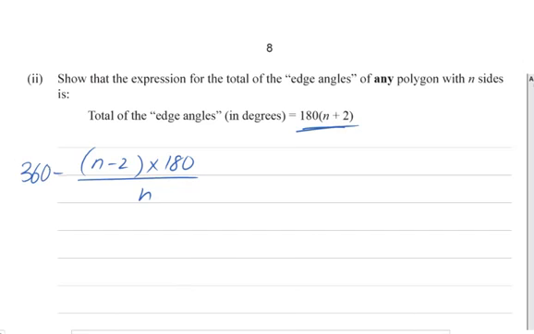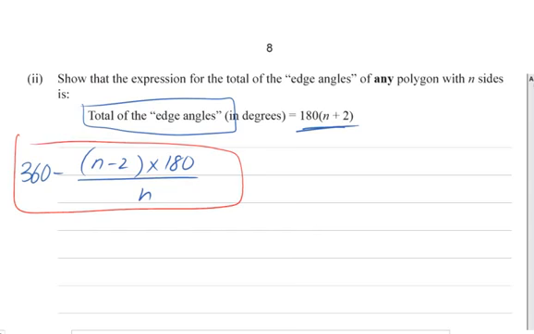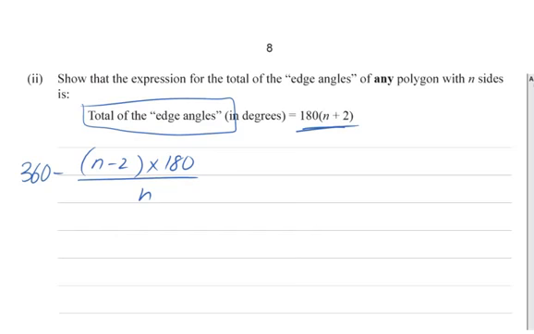Now they're asking for the total of all of the edge angles. So this formula that I've got here at the moment is finding one of the edge angles. So I'd actually have to times this by something for it to be all of the angles. n. So I'm going to times it by n.